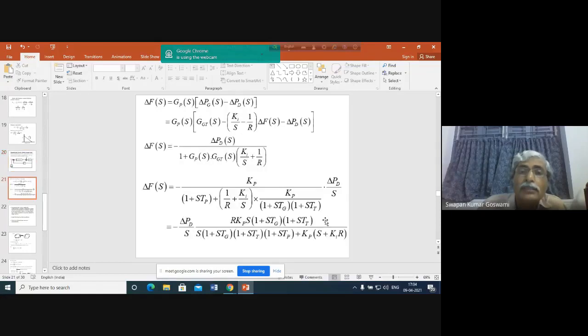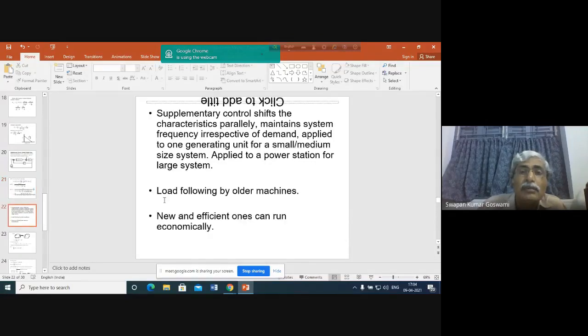And this analysis is concluded for del f s. Whatever I actually told you, let us also follow in support of my discussion. Supplementary control shifts the characteristics parallelly. Already I have mentioned, because what is the action?